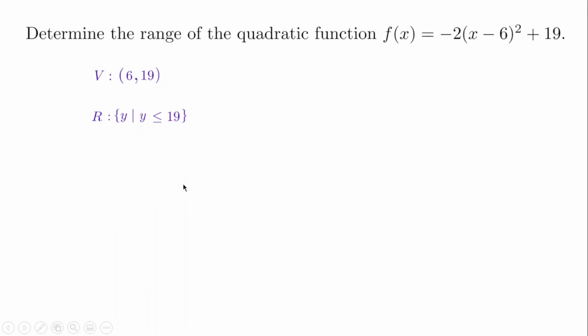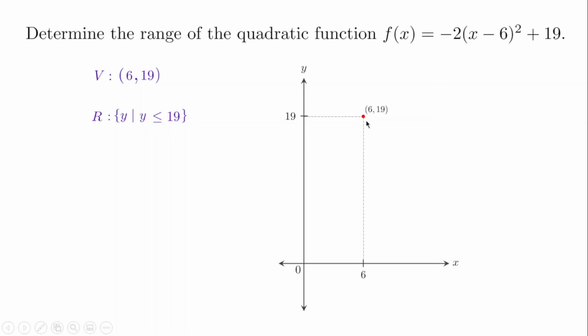Okay? So graphically, let's draw a graph for the function. So again, we locate the vertex (6, 19). 6 is the x value of the vertex, 19 is the y value of the vertex. So this point is the vertex (6, 19).